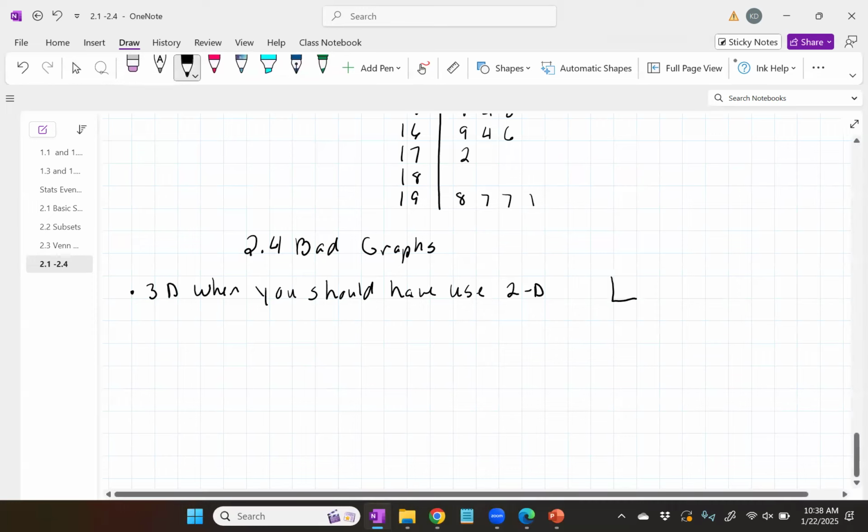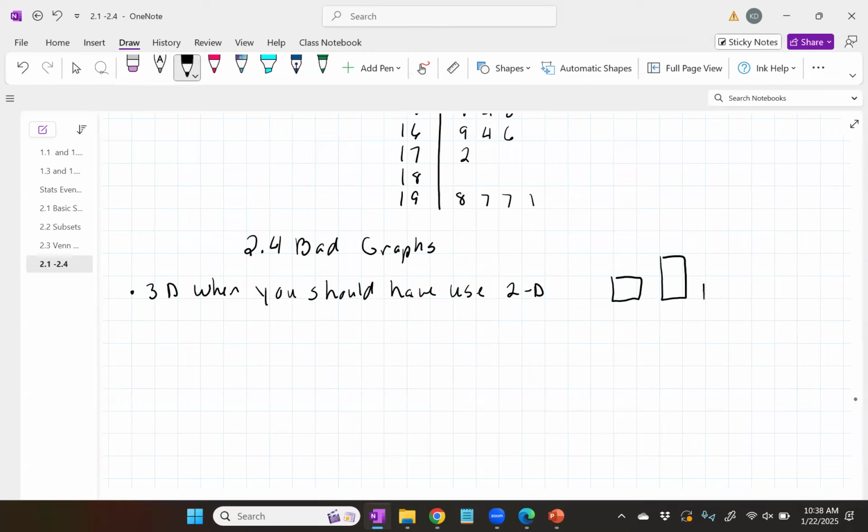So those two bars, one is double the size. But if I were to make them look like boxes, maybe not on this picture, but now the ones on the right, it looks like the far right is way bigger than the other one. We'll see some better examples. So things like that.